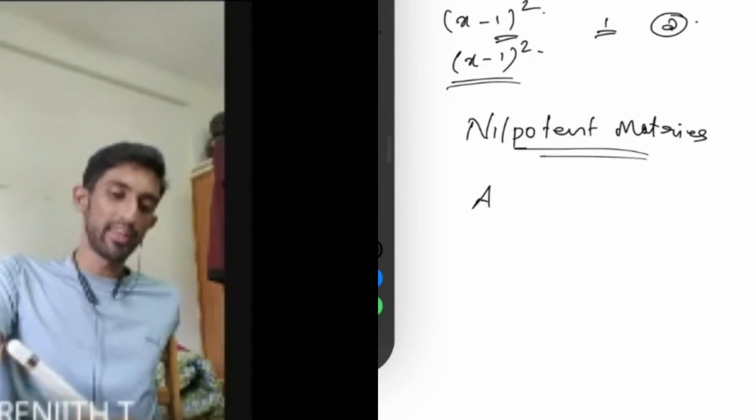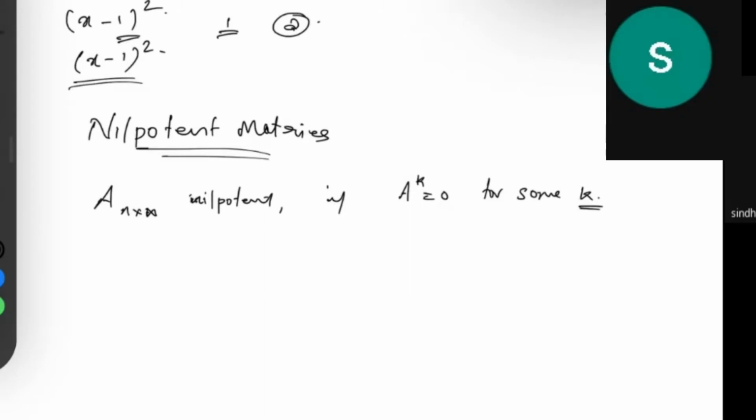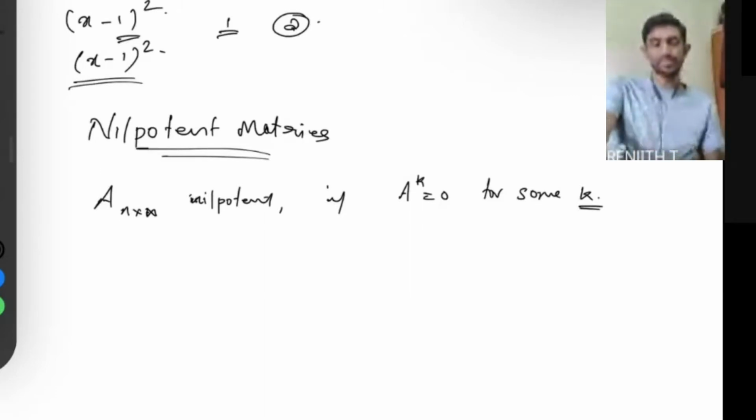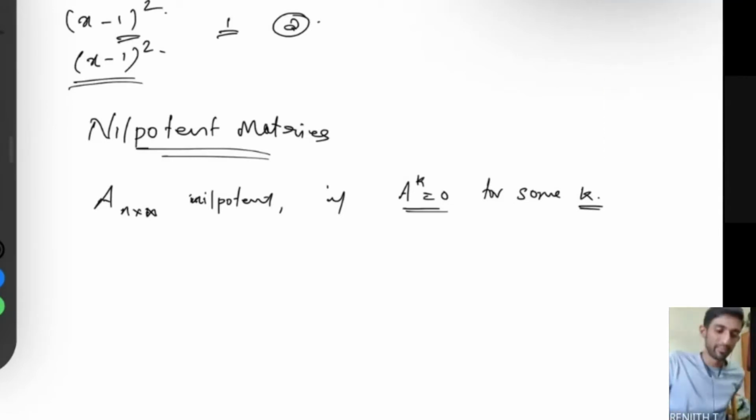A matrix A, n by n, is called nilpotent if A to the power k equals 0 for some k.